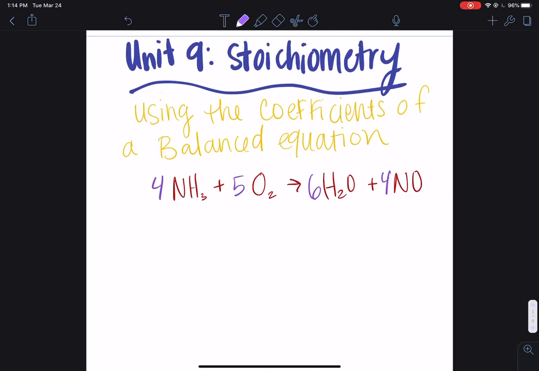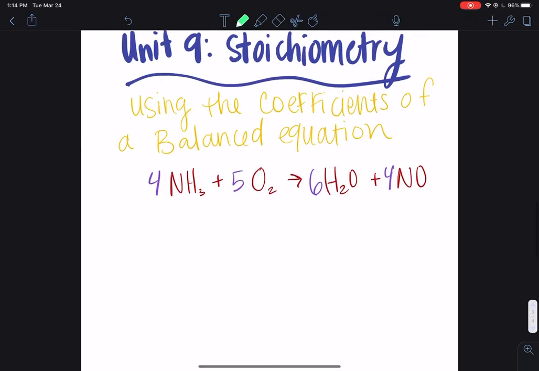Say I have a problem and I give you a certain amount of ammonia. I gave you 2 moles of ammonia, and I want to know how much water can be formed. To go from 2 moles of ammonia to how much water is formed, you have to use the coefficients, because the numbers 4 and 6 are saying that for the reaction to happen, you need 4 moles of ammonia.